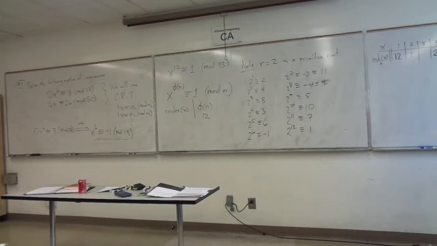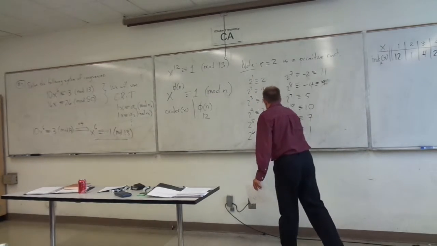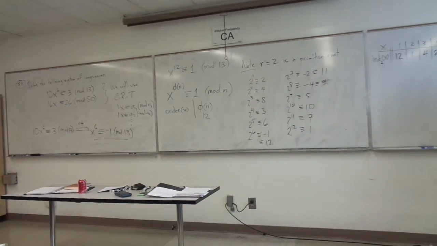Okay, so 8 is above 3, so 3 will be giving me 4, 6 gives me 5, negative 1, which was the same as 12, gives me 6.